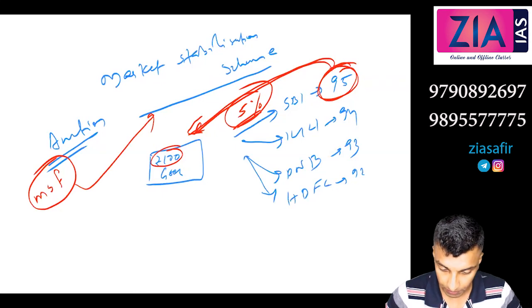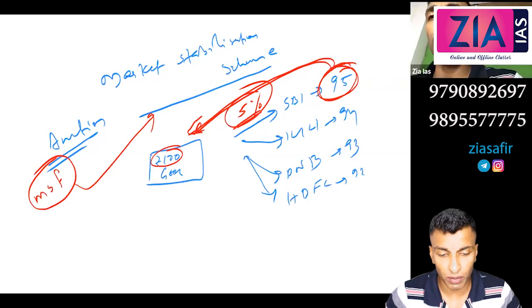All these policy instruments are for short-term borrowing. Is there anything for long-term borrowing also, sir? Long-term government bonds are there, basically dated securities. I'll talk about securities later when we discuss the capital market.